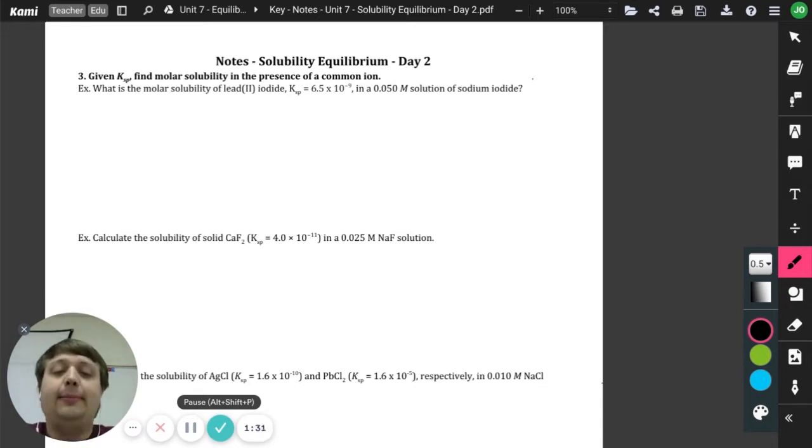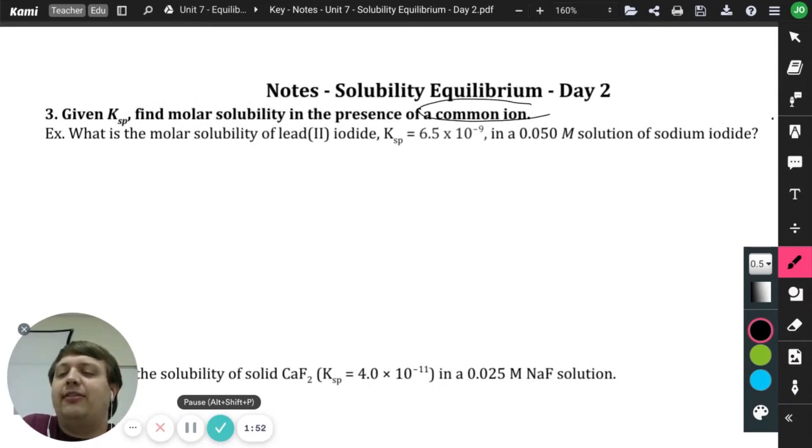So the third type is that if we're given Ksp, we can solve for the molar solubility in the presence of a common ion. So this does sound very similar to the second type that y'all did last class. However, there is something different about it in that we are talking about the presence of a common ion. So basically, when we're looking at those common ions, we're saying, okay, I've got a solution with, for instance, example 1 here, sodium iodide, and we want to add some lead iodide to that.